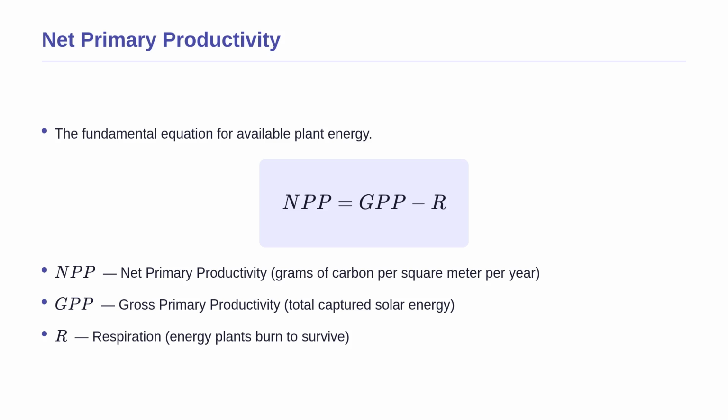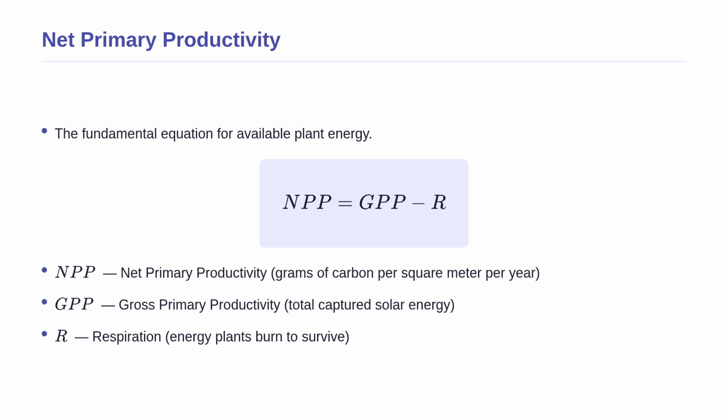This brings us to the mathematical representation of that energy. The fundamental concept we use is called net primary productivity. The formula is NPP equals GPP minus R. Let us break down what these symbols mean. NPP stands for net primary productivity, usually measured in grams of carbon per square meter per year.